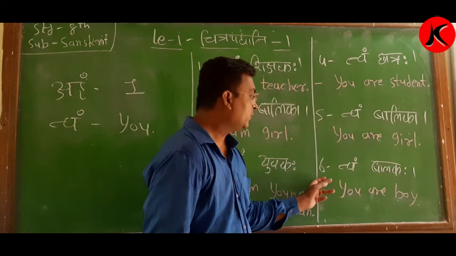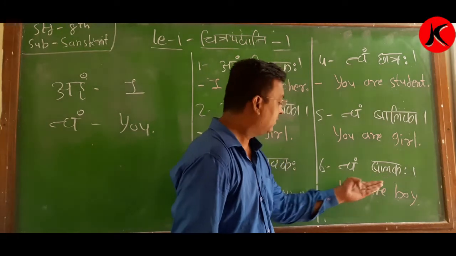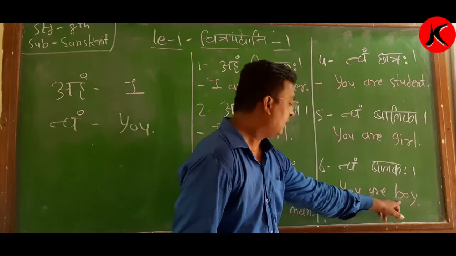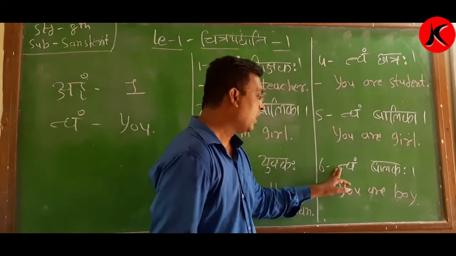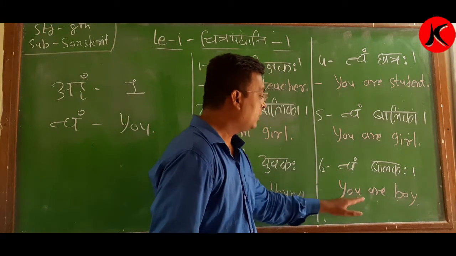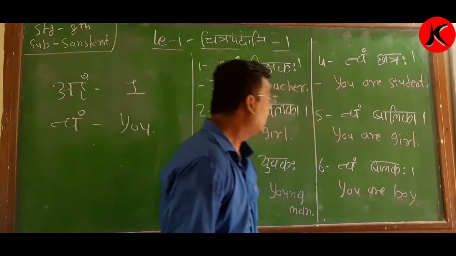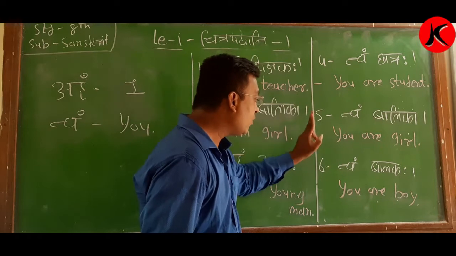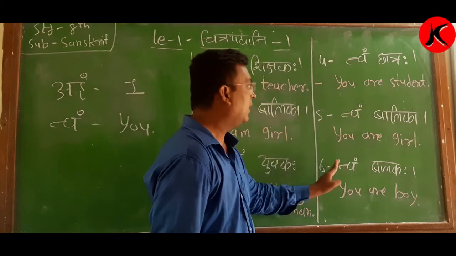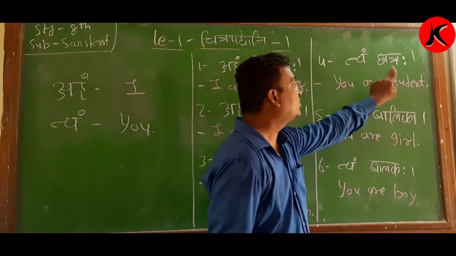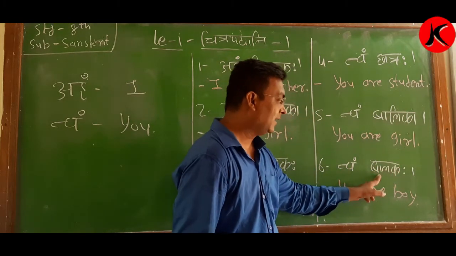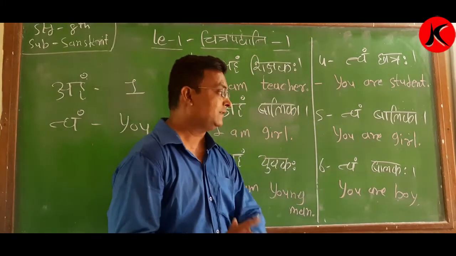The sixth one, tvam balakah, you are a boy. Balaka, that means boy. The meaning of tvam is you. So the meaning of this sentence is you are a boy. Sentences number 4, 5 and 6 start with tvam, and the other words are chhatrah, student; balika, girl; and balakah, boy.